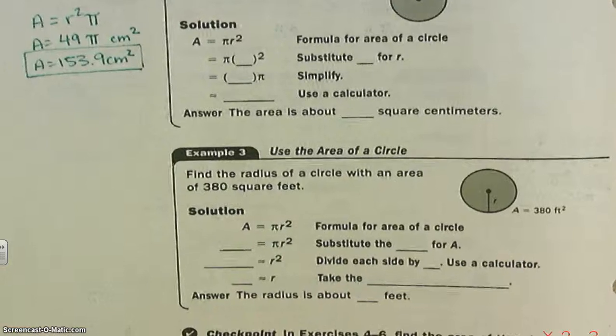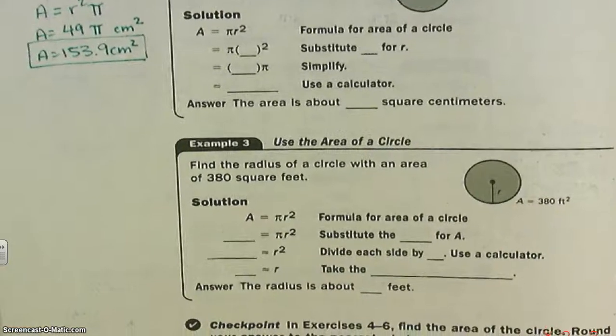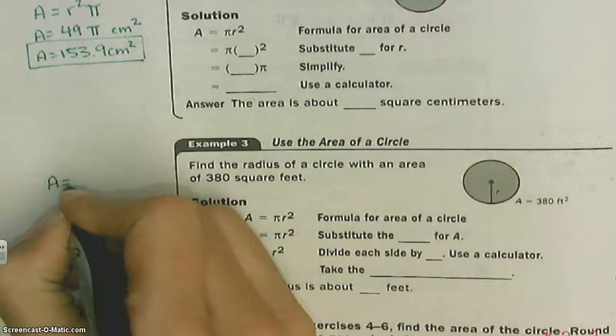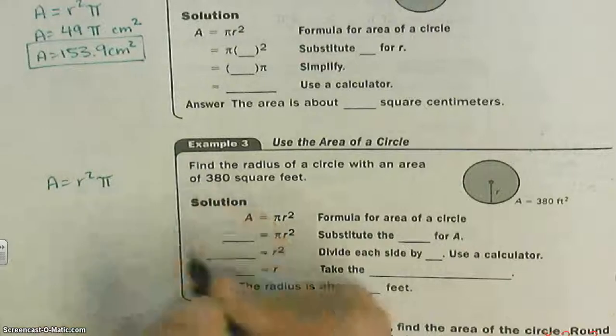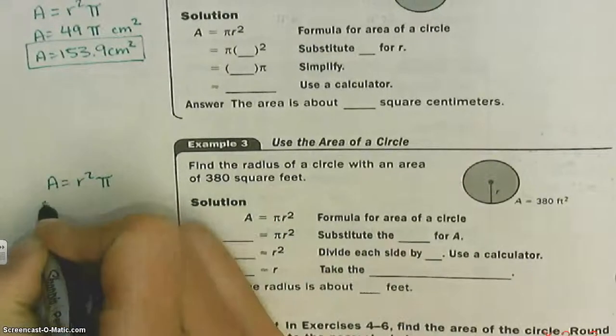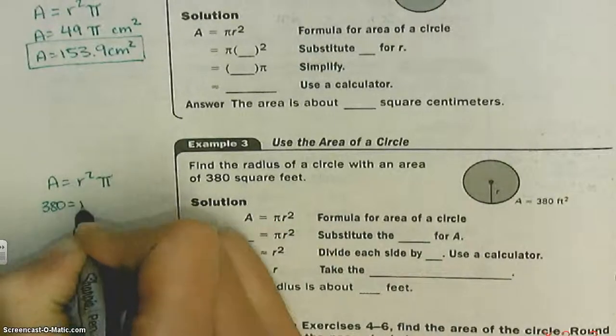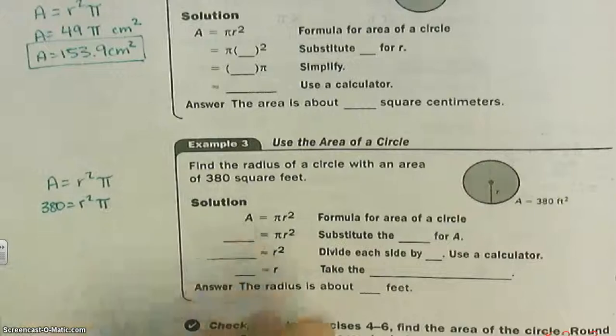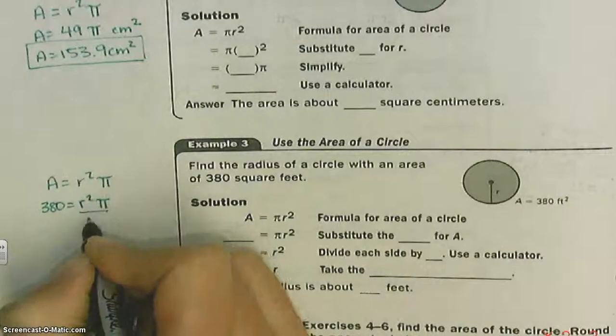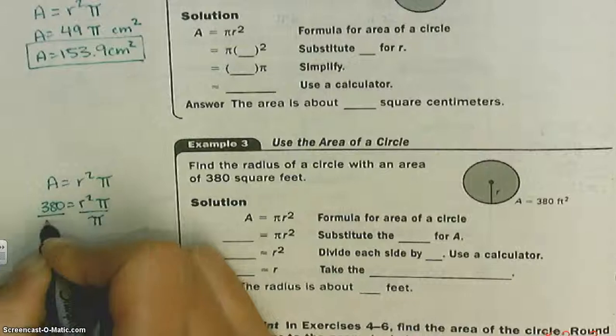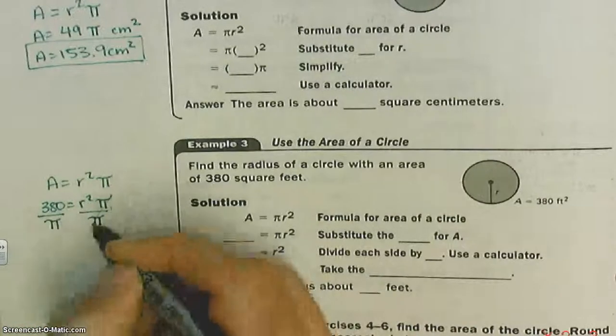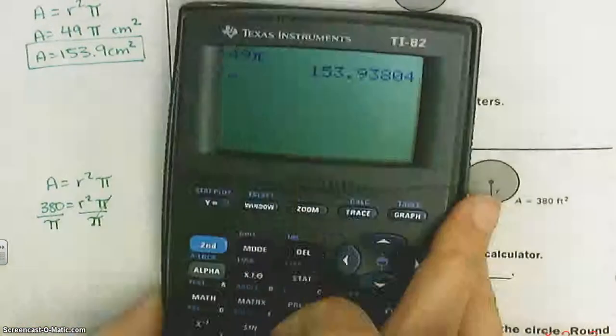Find the radius with an area of 380. So I'm going to write my formula. Area equals r squared pi. I know the area is 380, so I'm going to put in 380 right there, and I don't know the radius. So I need to get the radius all by itself. So first I'm going to start by dividing by pi. It's going to cancel.